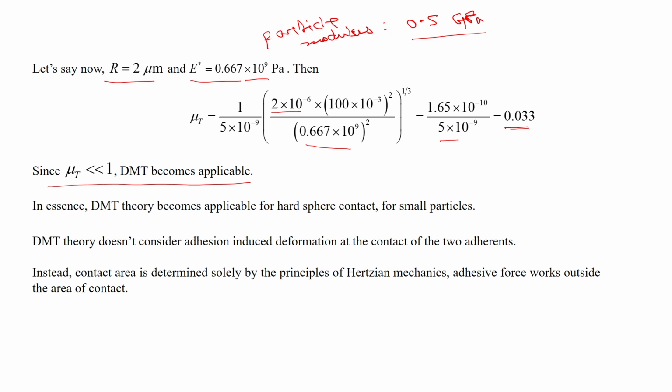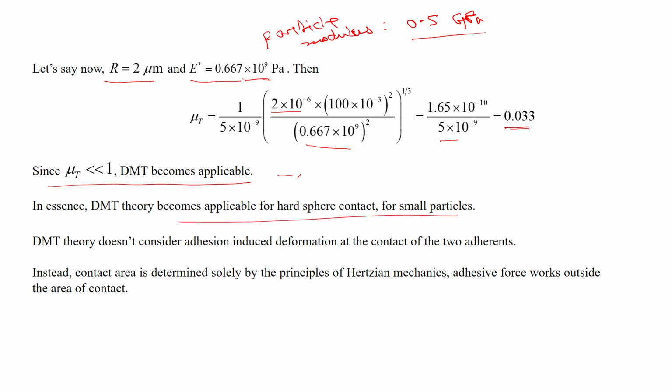So, in this case it makes sense that the particle does not deform and is more or less rigid for adhesion purposes, although it has some finite elastic modulus. DMT theory may be applicable, and we can correspondingly find the pull-off load.